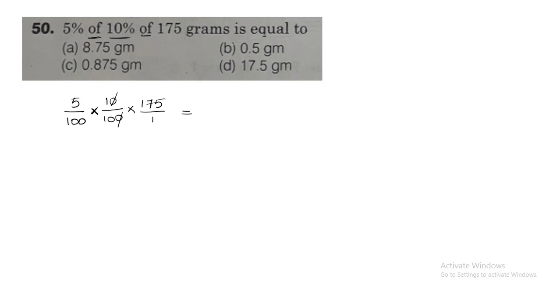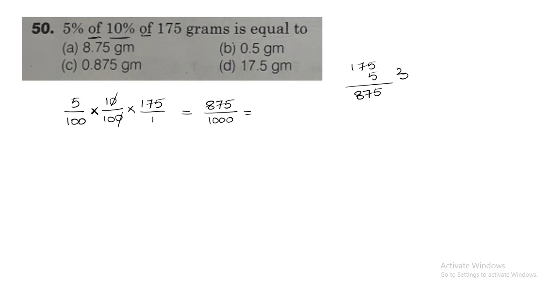Now multiply 175 with 5. So 175 5s are: I know 5 5s are 25, so 2 is carried. 7 5s are 35, 35 plus 2 is 37, so I am having 3 as a carry. Next, 5 1s are 5 plus 3, 8. So the numerator is 875 divided by 10 into 100, which is 1 followed by 3 zeros. So 875 divided by 1000.